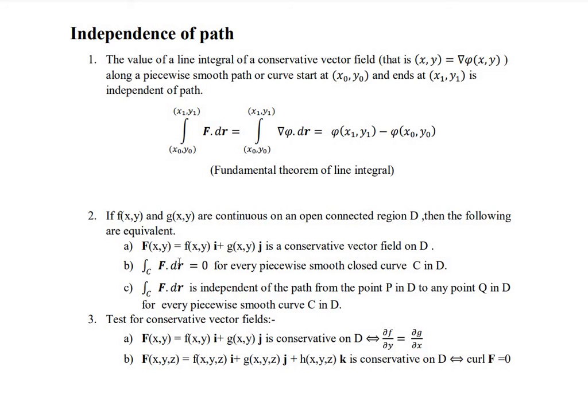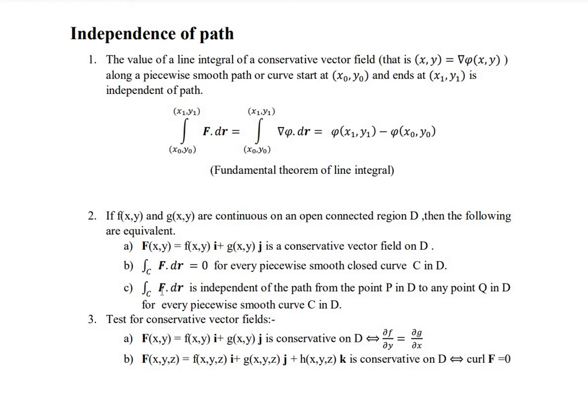That C is closed means the initial point and the end point will be the same. That is φ(x1, y1) minus φ(x1, y1), which will be equal to 0. So the integral becomes 0.